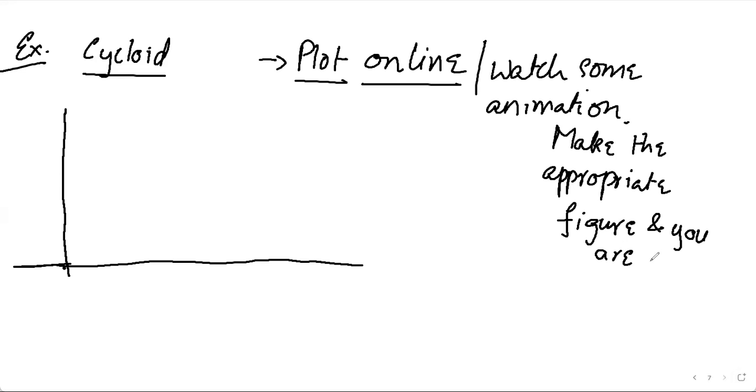Once you have the correct figure with you, we can easily manipulate and come up with different mathematical stunts in order to prove what we want. Okay, I'm sorry, this is a very bad circle.